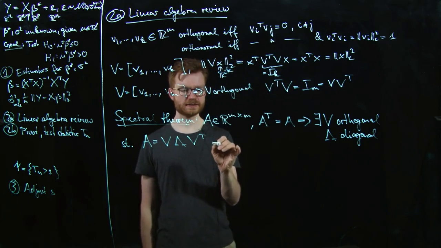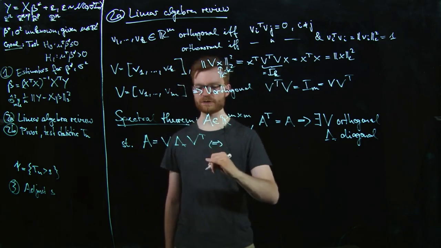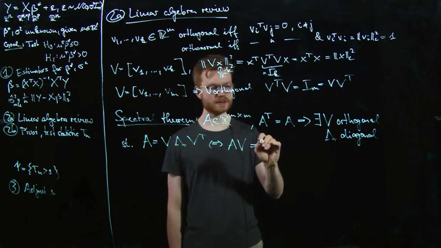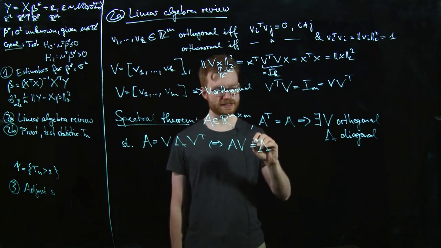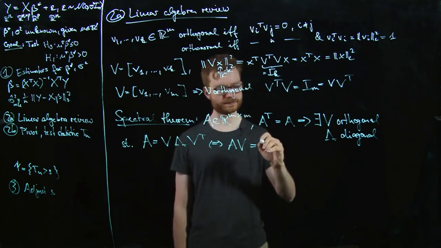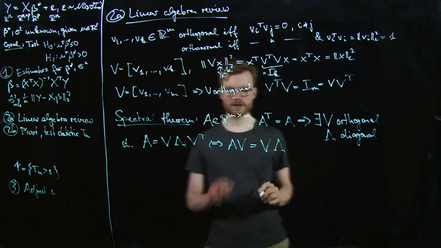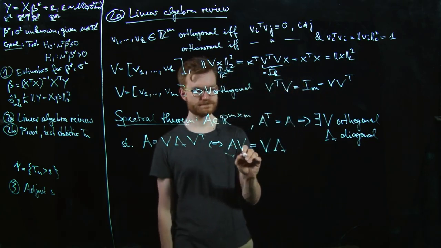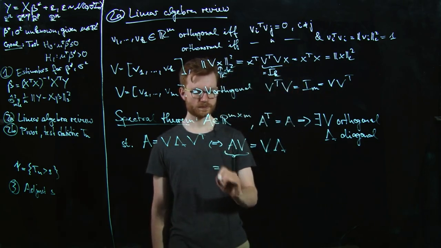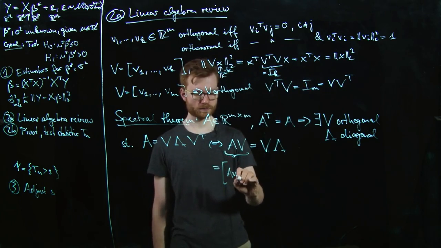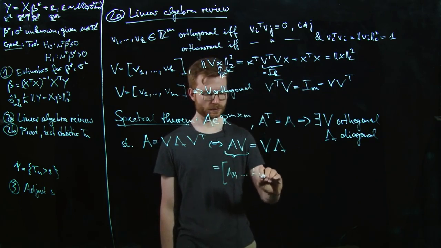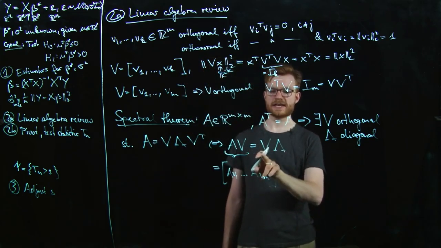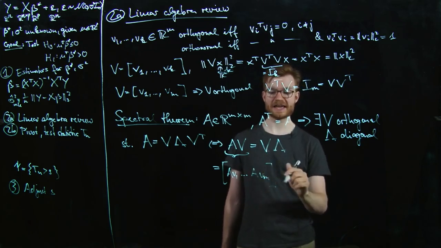I can rewrite this equivalently, multiplying from the right by V, as A V equals V times lambda. So A V is a collection of A applied to the columns of V. And V lambda is multiplying each column of V by lambda i.